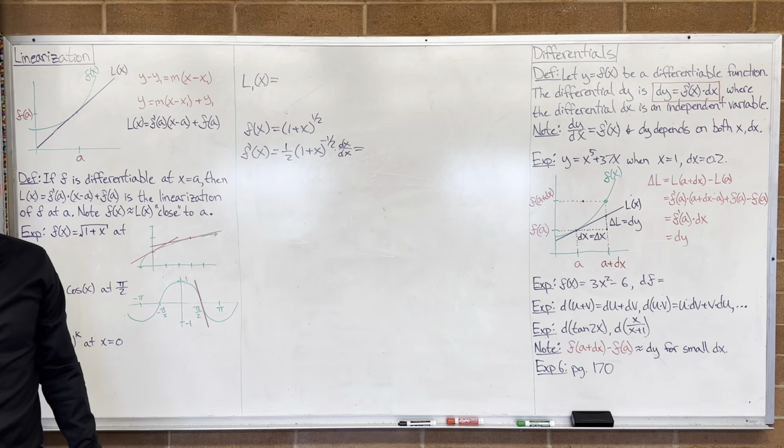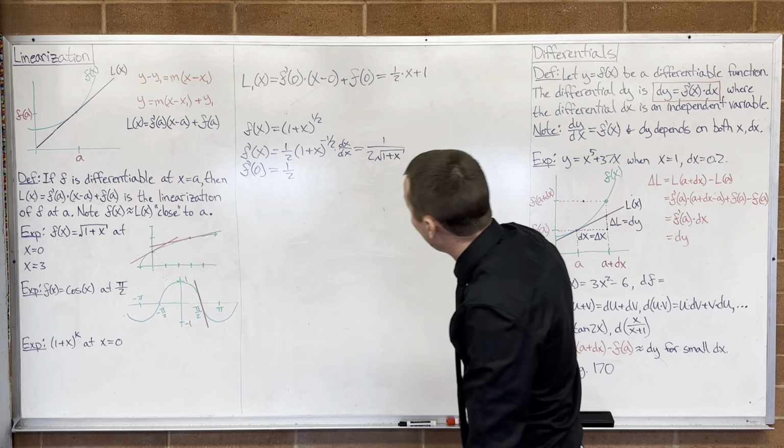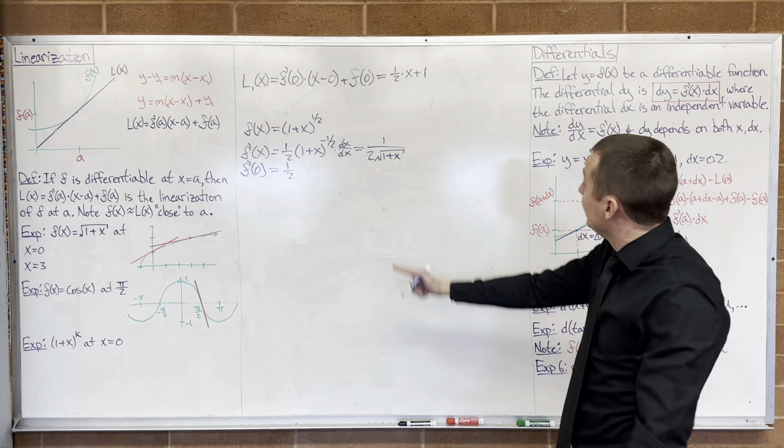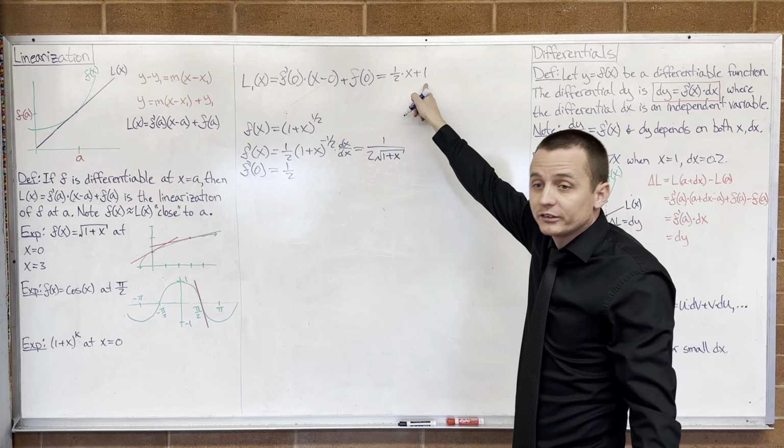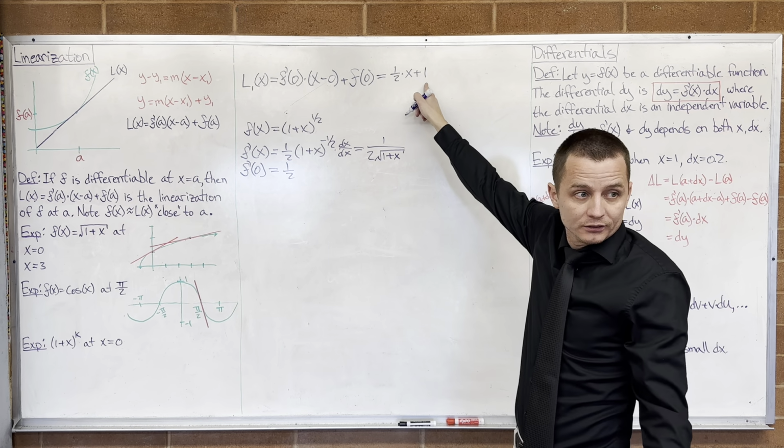X minus 0 is x, so just times x. Plus, what is f at 0? What do we get when we plug 0 into our initial function? 1. So there's our linearization. It's a line with a slope of 1/2 and whose y-intercept is 1. Pretty close to what our picture's telling us.